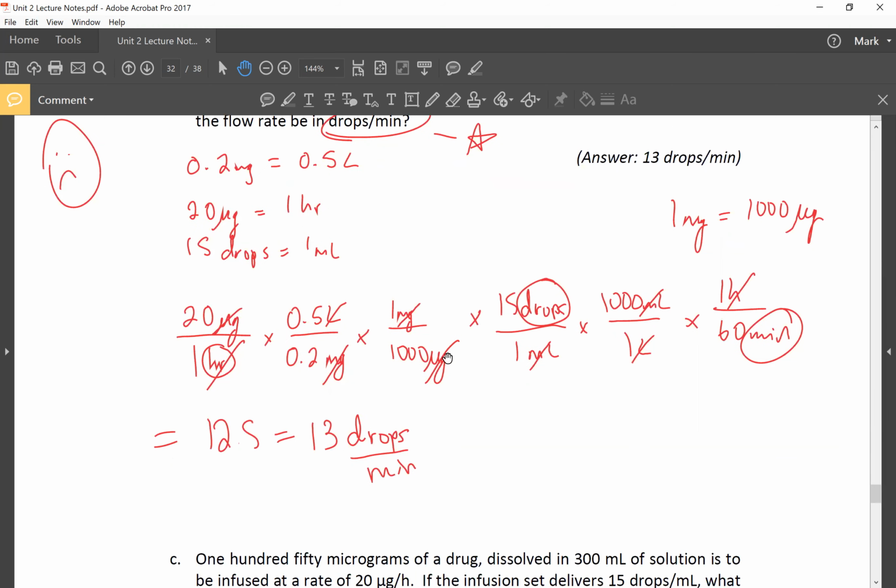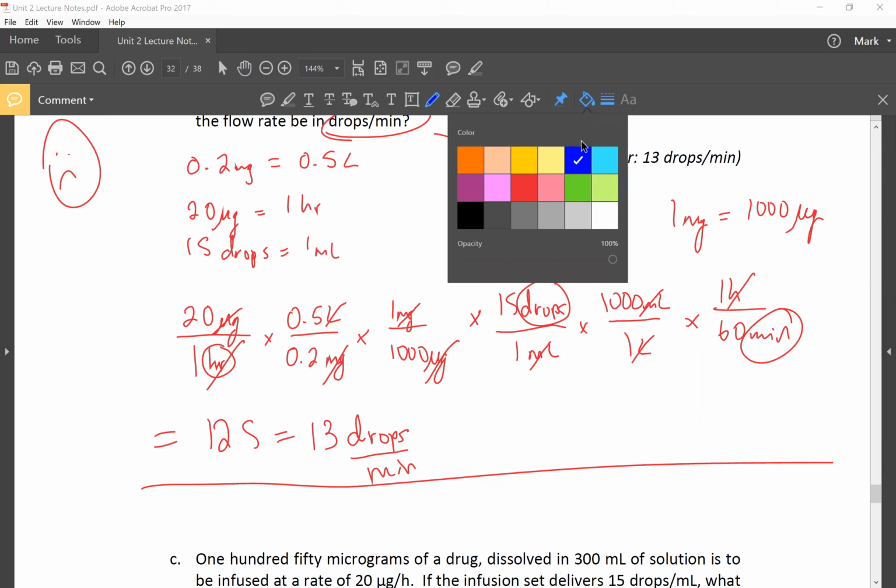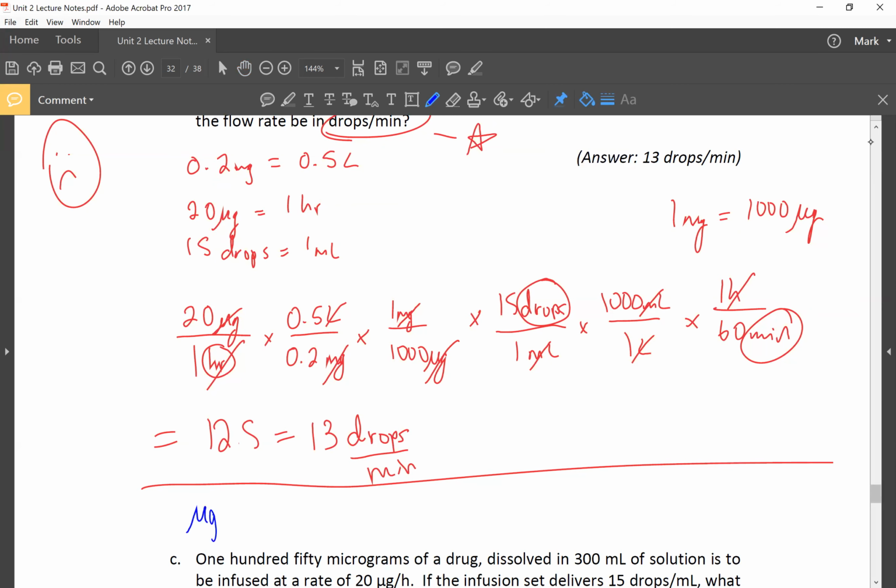So just a little reminder here. Let me pick a different color. What I did was I went from micrograms to milligrams to drops. And I went from, actually, sorry, I didn't do that.